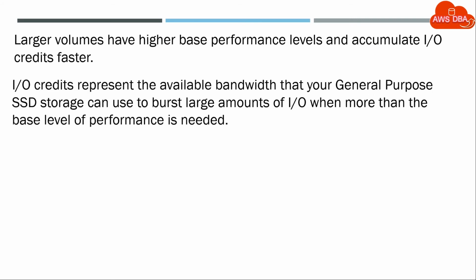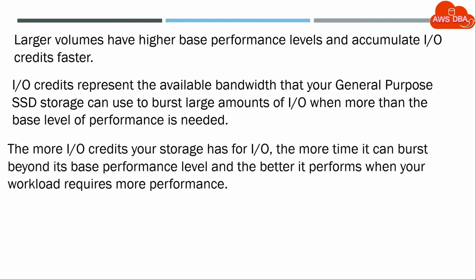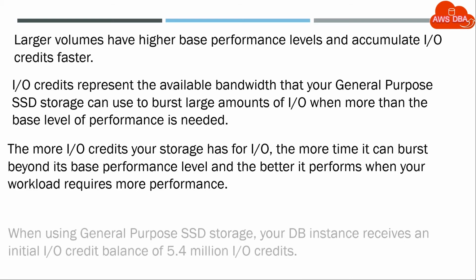I/O credits represent the available bandwidth that your General Purpose SSD storage can use to burst large amounts of I/O when more than the base level of performance is needed. The more I/O credits your storage has for I/O, the more time it can burst beyond its base performance level, and the better it performs when your workload requires more performance.